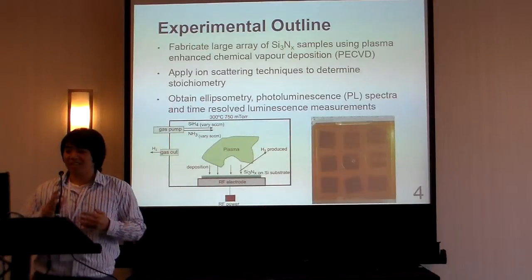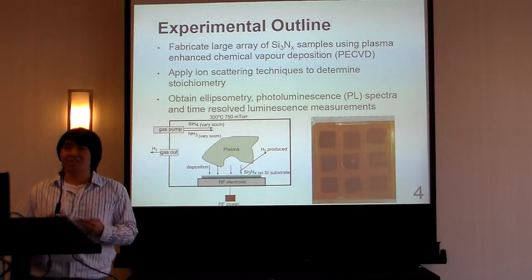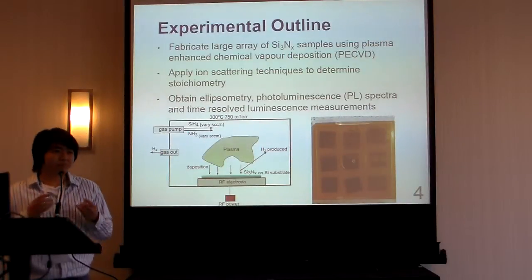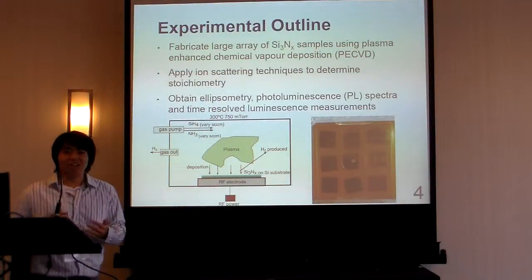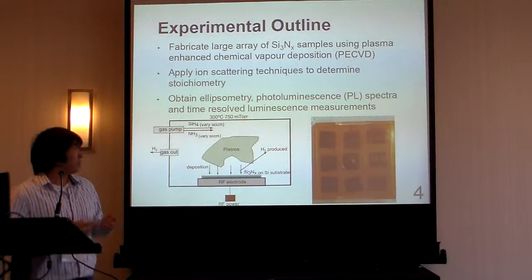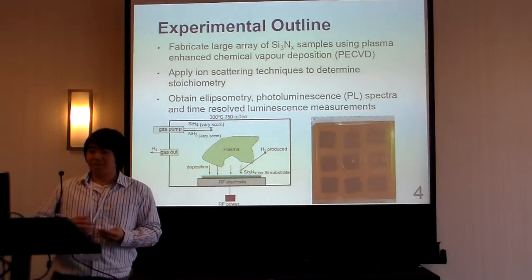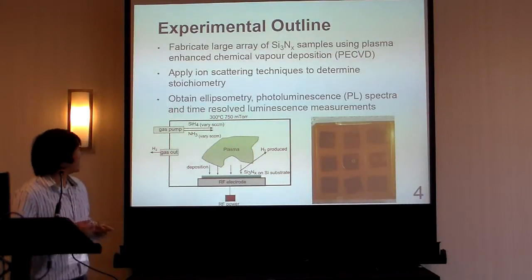By varying these gas flows, we could alter the stoichiometry of the silicon nitride samples. And so we have a large library of silicon nitride samples. Some of them I have made myself, and there are samples made by others in the past.